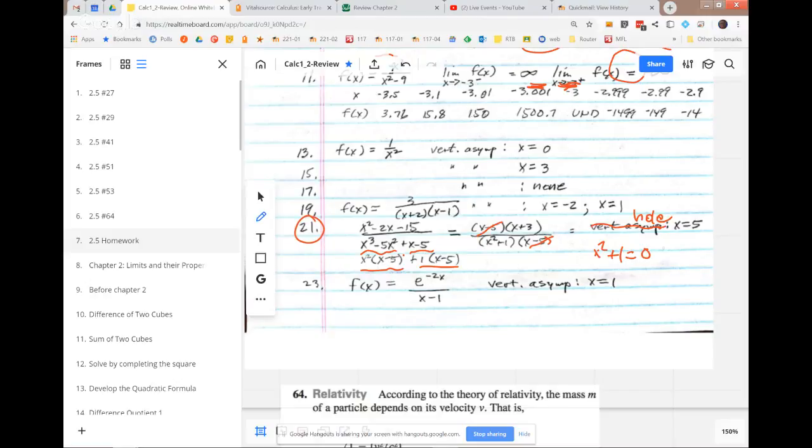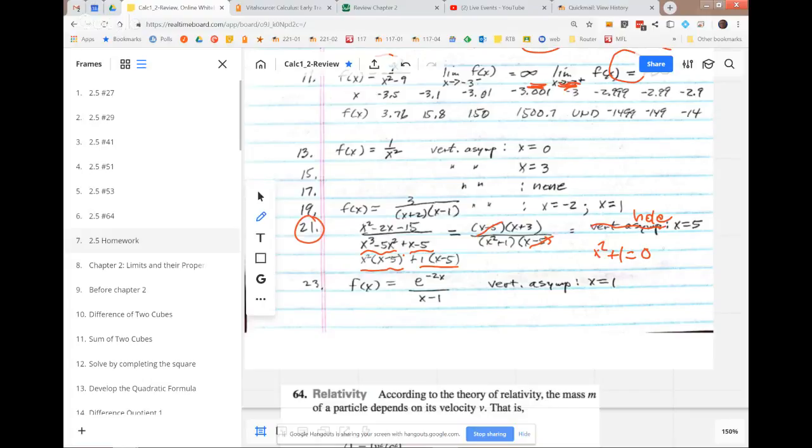So is there another way to say what there would be though, like the removable or non-removable discontinuity, or something like that? Well, yeah, there's a hole. So there is removable discontinuity. Okay. But I think that the wording of the question directions was find any asymptotes. Was there anything else to the directions? No, I was just wondering.